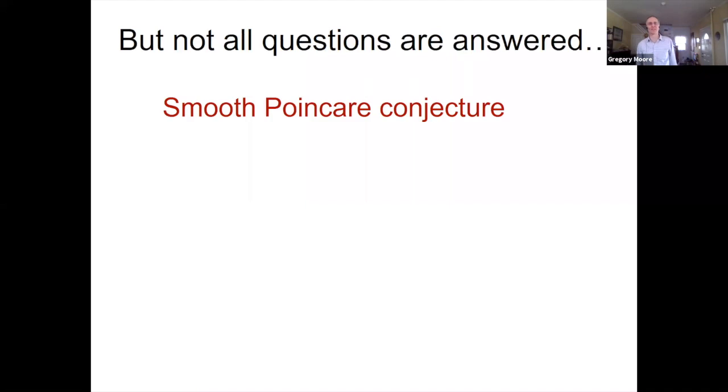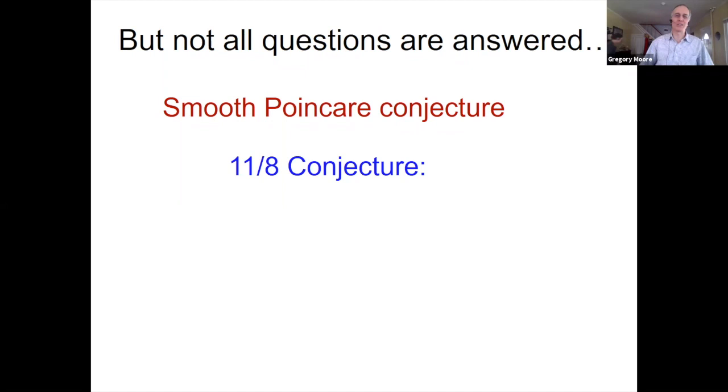For example, a major outstanding problem is the smooth Poincare conjecture, which remains unresolved in 4 dimensions. And there's a host of other problems. I'll just mention one for fun.